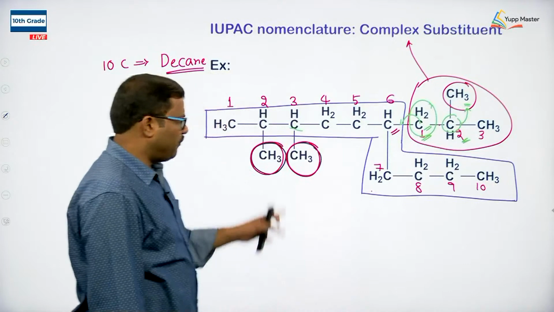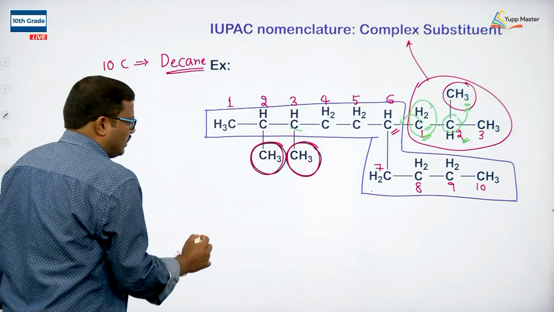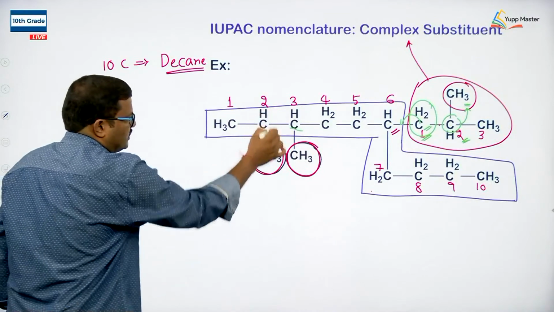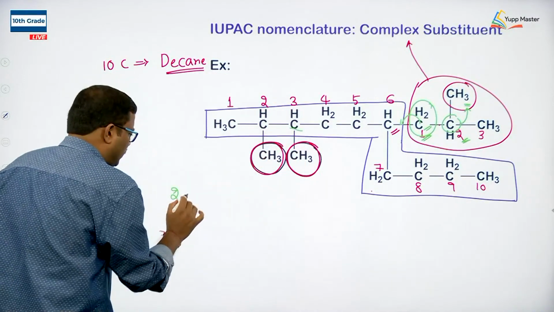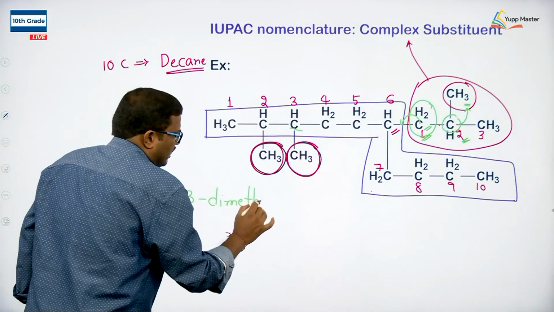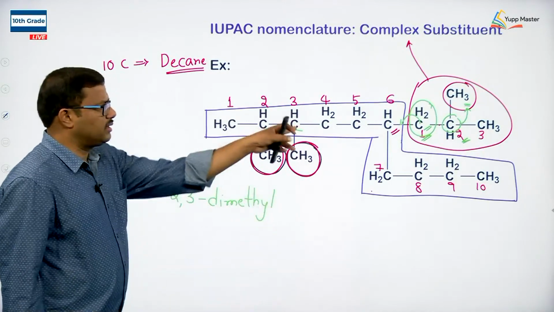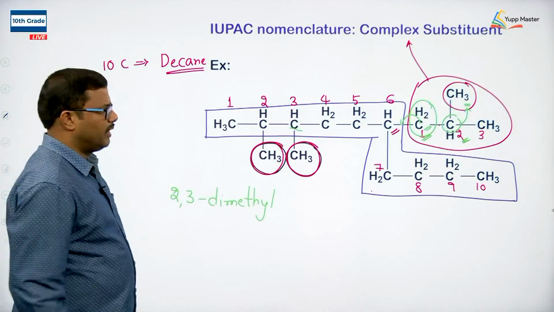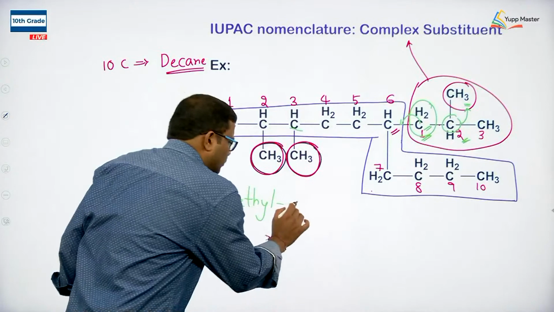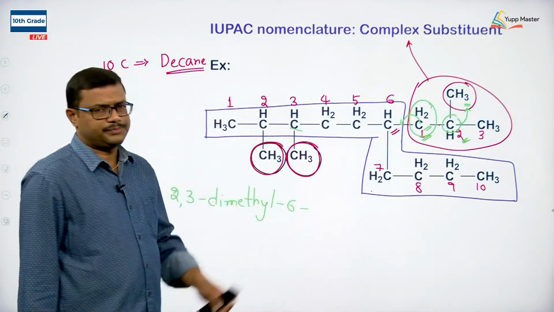Okay. So if I name this one, let me write the first methyl so that you can easily understand. At second position I have methyl, third position I have a methyl, so I am writing it as 2,3 dimethyl. And at sixth position I have a substitution, so I am writing 6 hyphen.